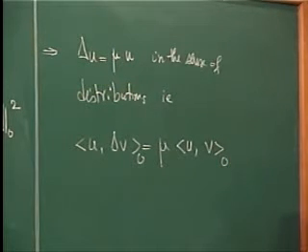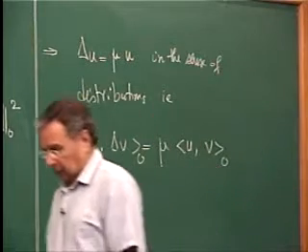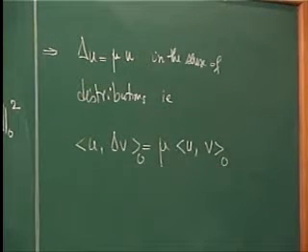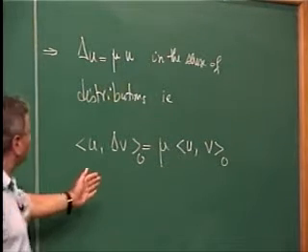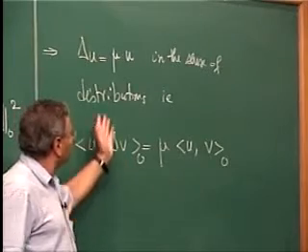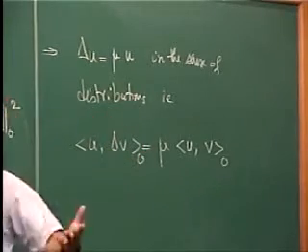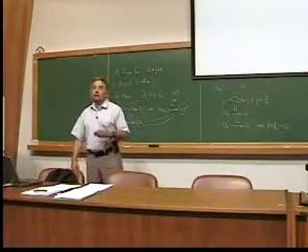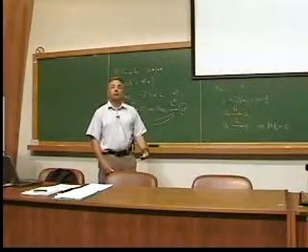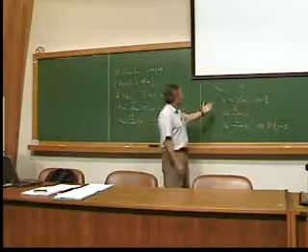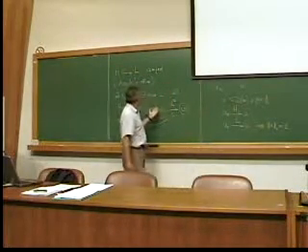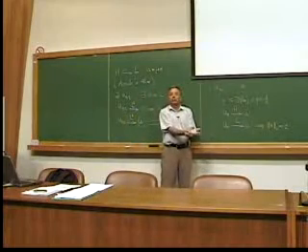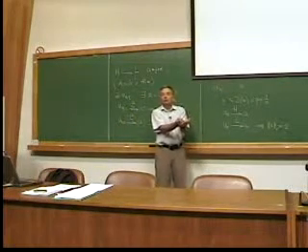Now you have to use some tools from PDE. Laplacian is an elliptic operator, and if you have this kind of relation, this implies that u must be a C infinity function. And so you have actually found a function u, which is a C infinity function, which is an eigenfunction of the Laplacian associated with mu, which is the infimum of the Dirichlet integral on the unit sphere in L2.